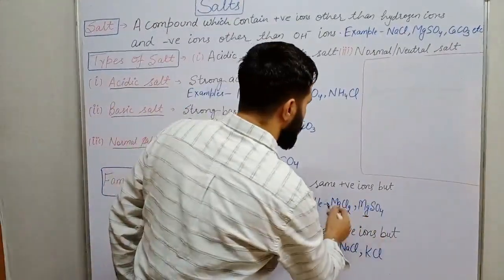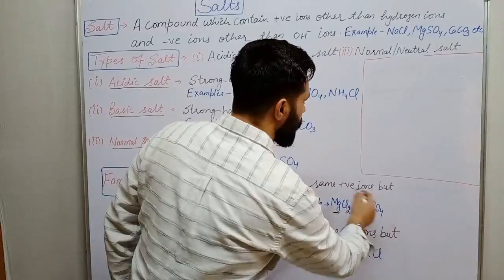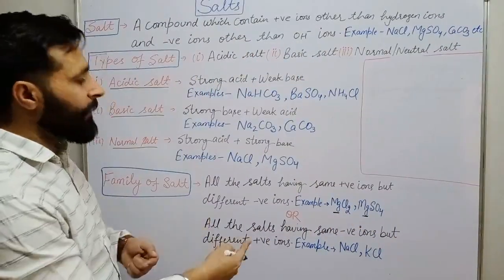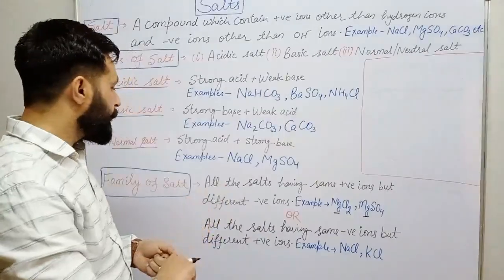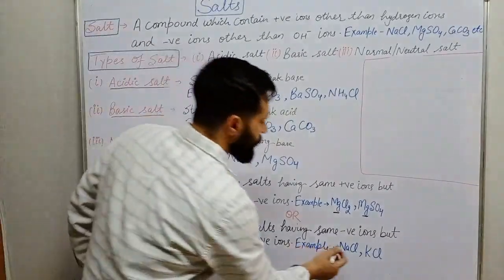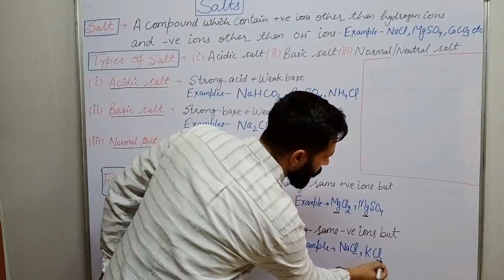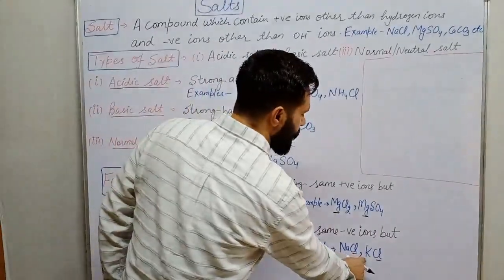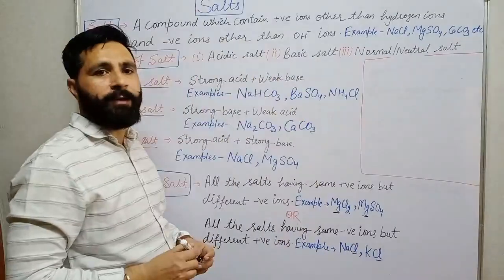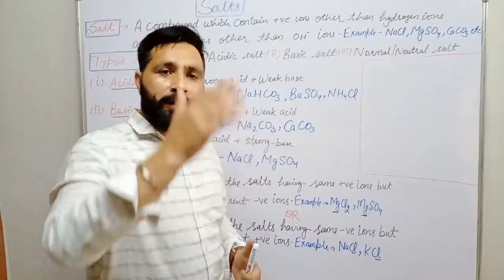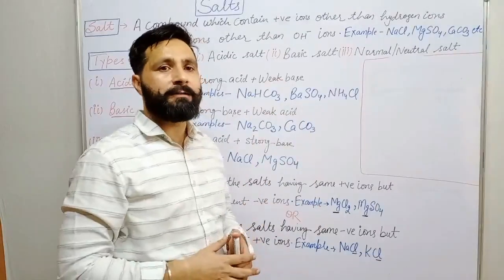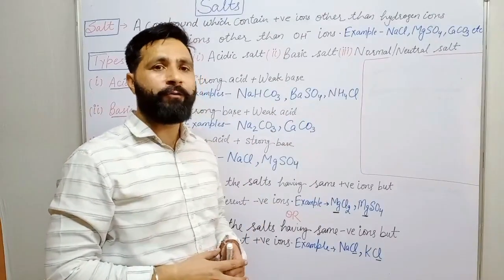So they are members of a salt family. Similarly, if the negative ion is the same but the positive ion is different, see here chlorine, the negative ion is the same and the positive ions are different, that is sodium and potassium. Means either negative ions are the same or positive ions are the same, that is considered a family of salt.